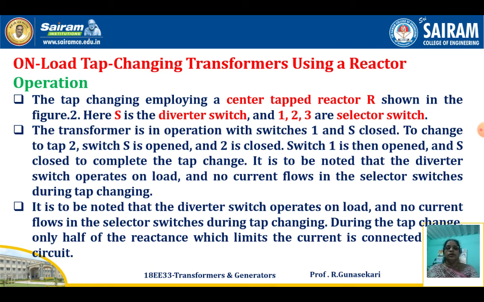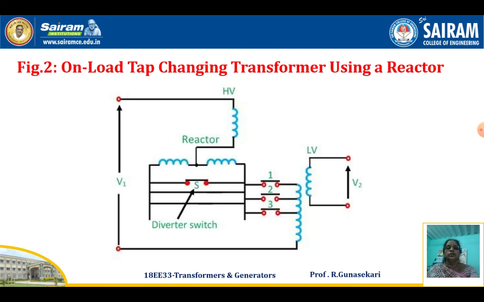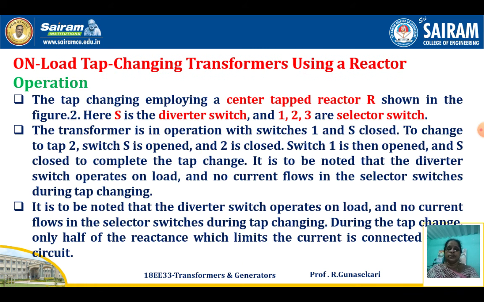With 1 and S closed, the circuit runs from 1 to S, then the reactor, then the HV winding, then V1. Suppose we want to change the selector switch from position 1 to 2; what is the procedure?